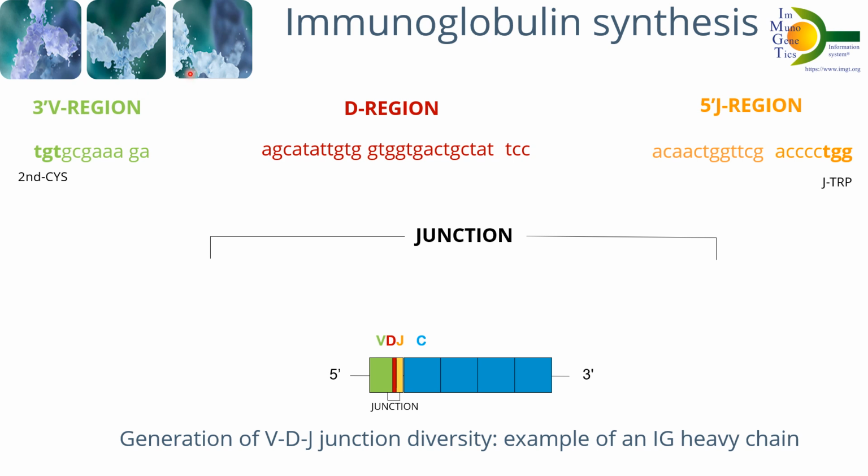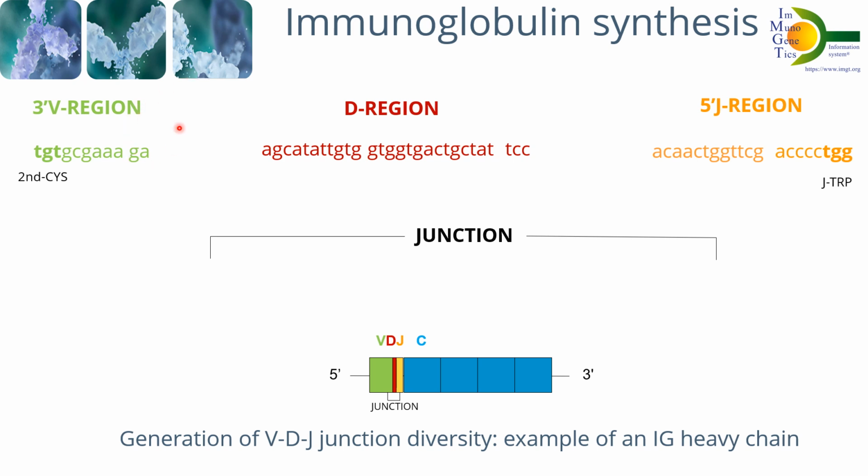We like these schematic representations, and this is once more one of them that we are going to use to describe these 2 mechanisms that we talked about in the previous slide. So we'll describe the rearrangement of the 3 genes at the molecular level and the creation of the junction.